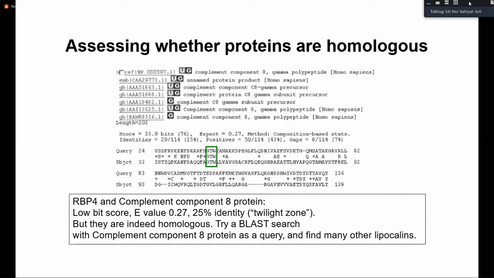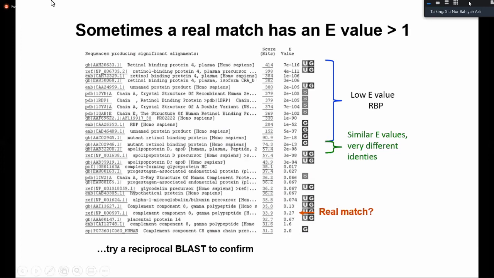So how do we assess whether proteins are homologous to one another? Okay, here is an example from the previous real match. After we did the reciprocal BLAST, let's say we are doing complement component 8 against retinol binding protein 4 as the query and the hit sequence.